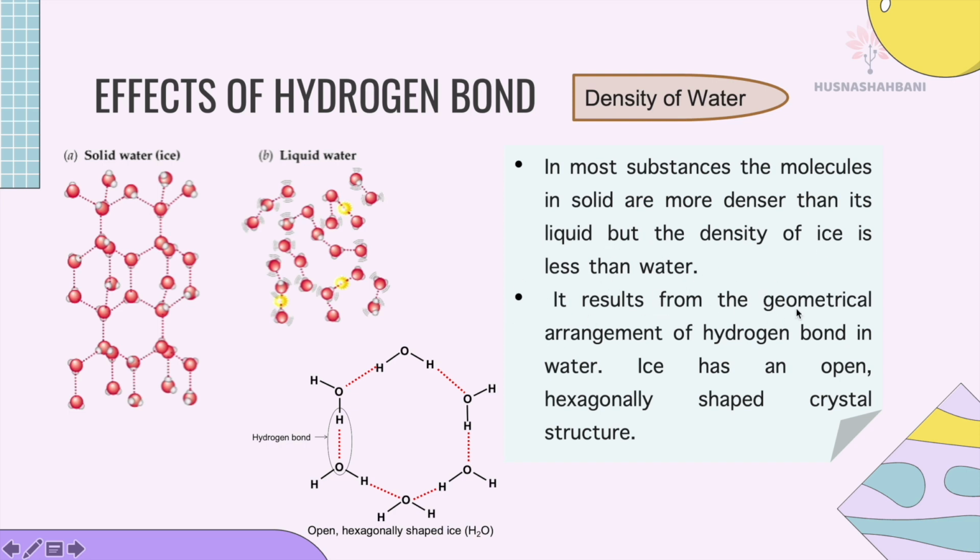It results from the geometrical arrangement of hydrogen bond in water. This is water molecule, one water molecule. And the whole thing is the geometrical arrangement of H2O in the solid form. When the water molecules are arranged like this in solid form, it causes the ice to have an open hexagonally shaped crystal structure.